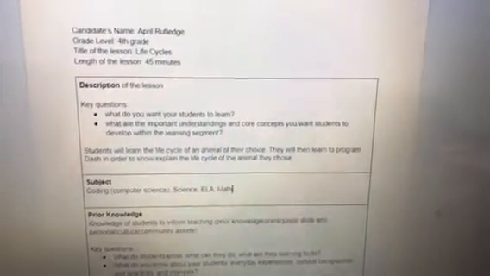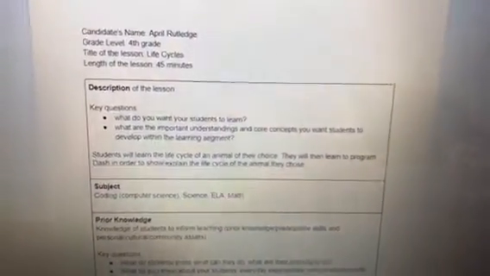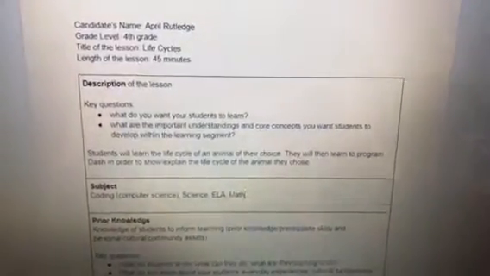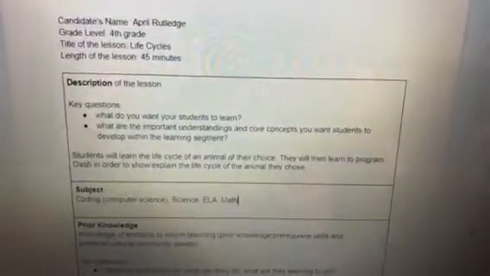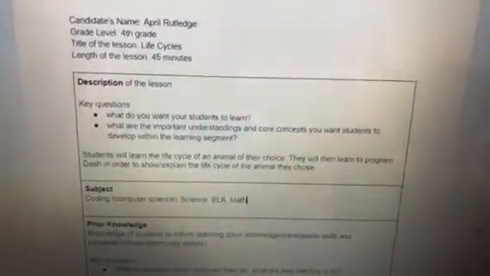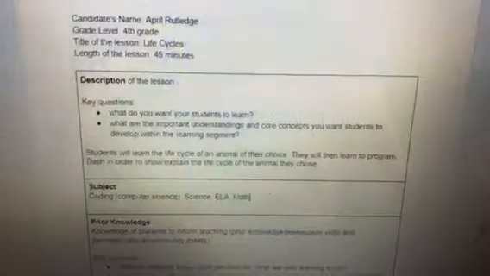For my lesson, I'm going to focus on 4th grade, and the students are going to work with the life cycles of an animal. The students are going to pick an animal and research the animal's life cycle.